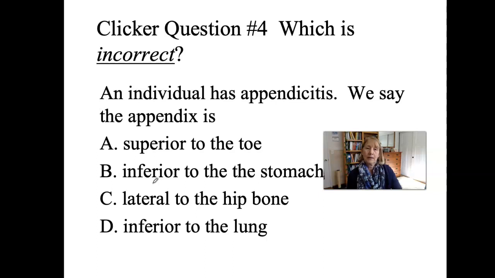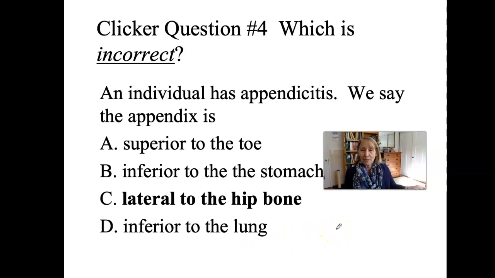Which is incorrect? Lateral to the hip bone. Nothing can be lateral to the hip bone because it'd be outside of your body. So lateral is further away from the midline. So that wouldn't work.